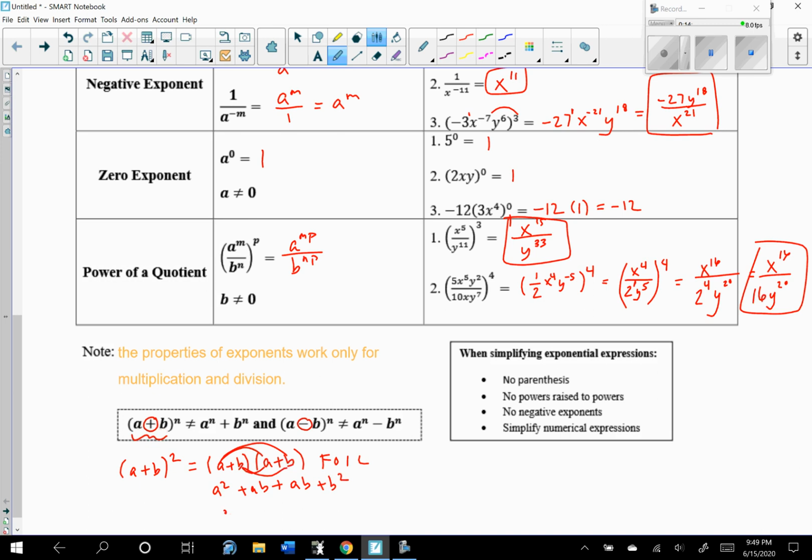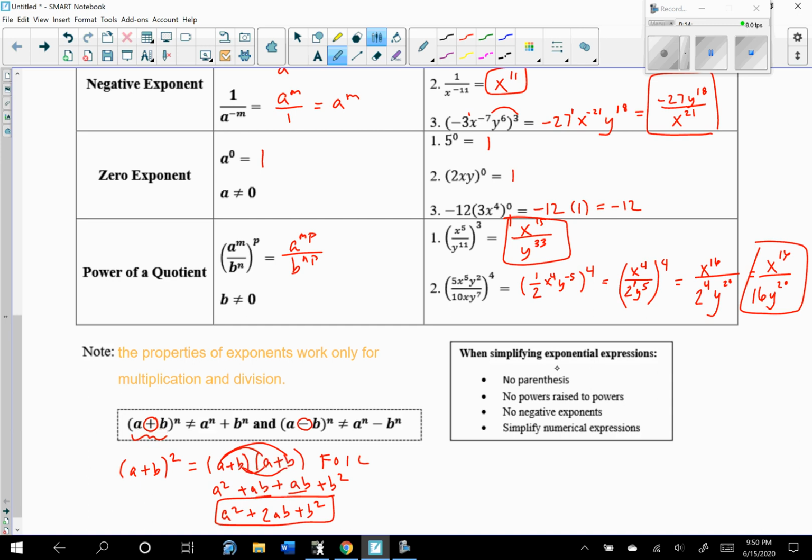So this is a squared plus, and these are like terms because they have the same variables to the same power, so 2ab plus b squared. So again, notice that if you were to use those rules when you have addition or subtraction between, then you're missing that middle term. So again, these properties only work for multiplication and division.